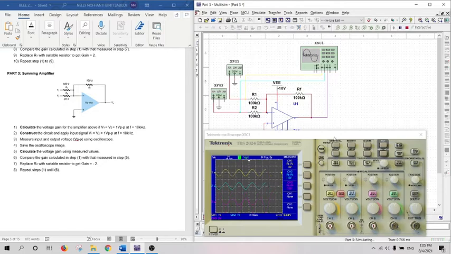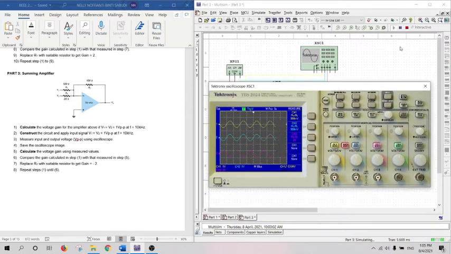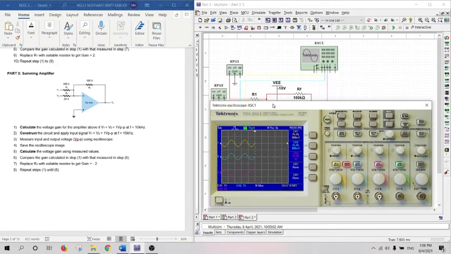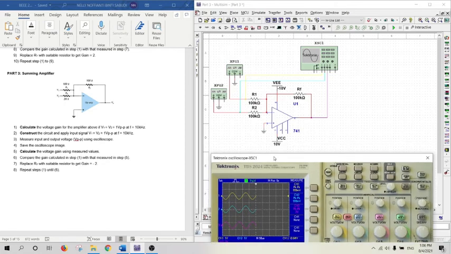This is my new input and output waveform. As you can see here, the output value decreased to 2 volts, which means the output value decreases when the resistance value increases. The resistance value refers to the input resistance.